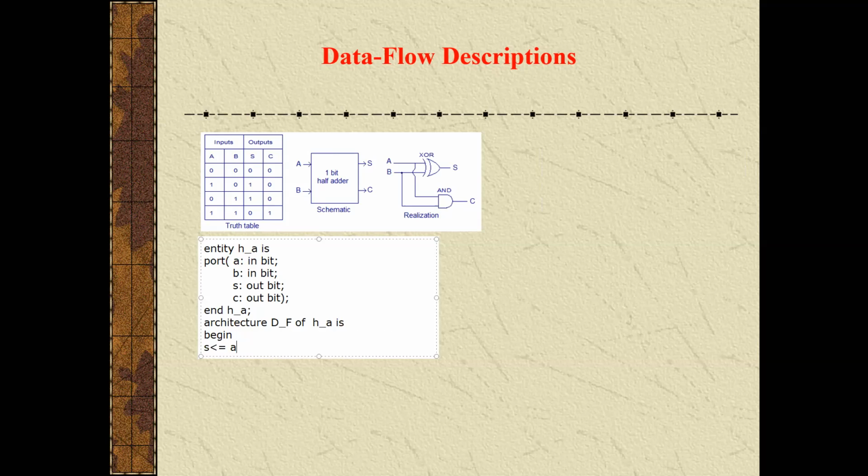Sum will be obtained after performing XOR operation of bits A and B. And carry will be A and B. We have to end with the architecture and the name of the architecture. So this is the small example of the half adder.